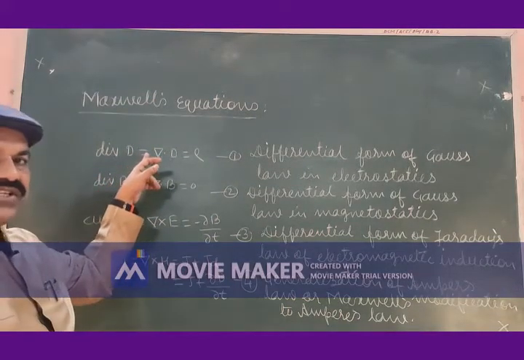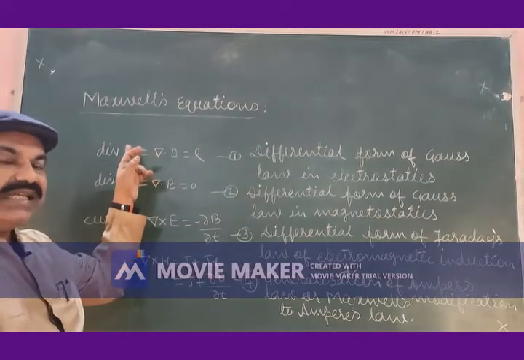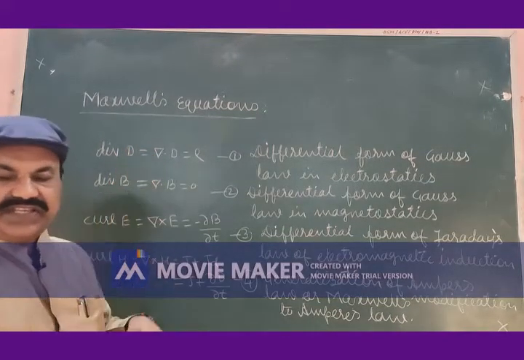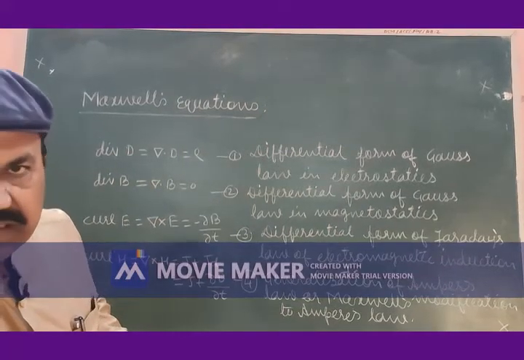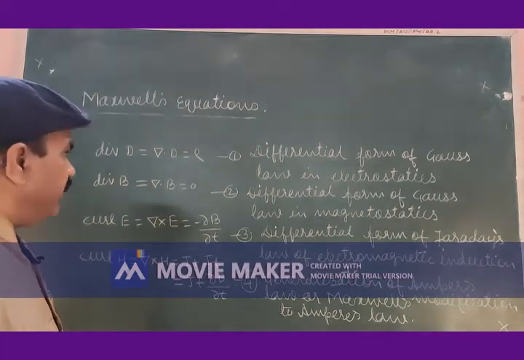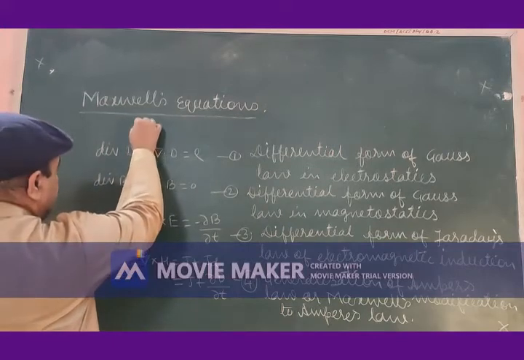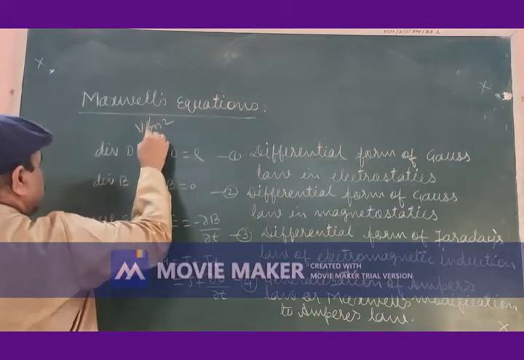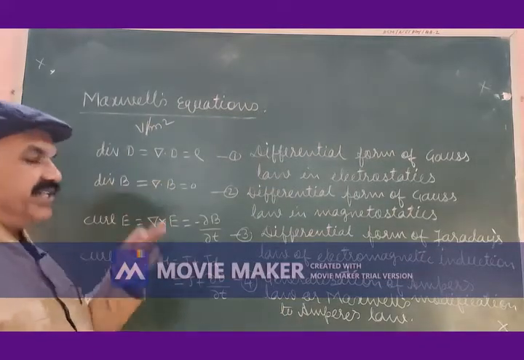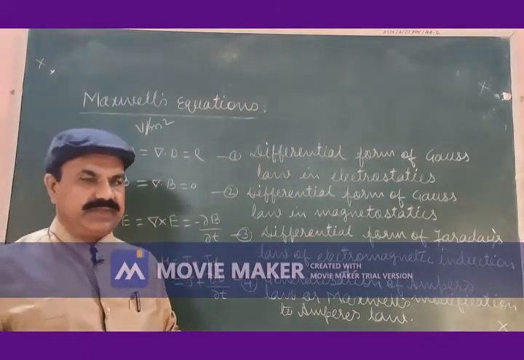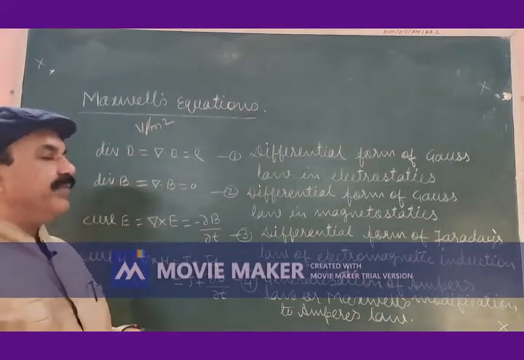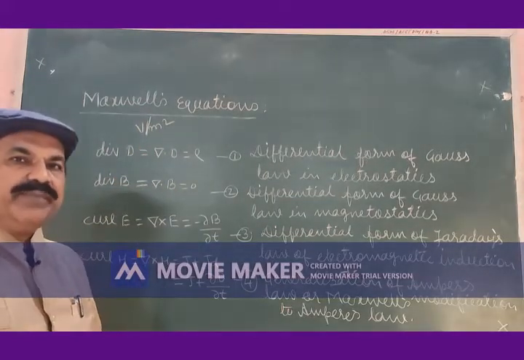This D is known as electric displacement vector. It is measured in volt per meter square.